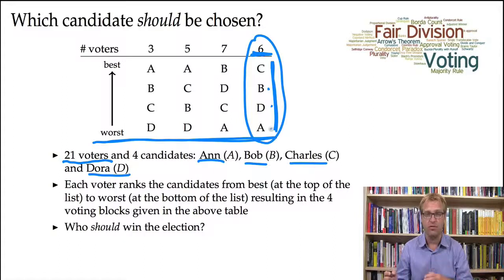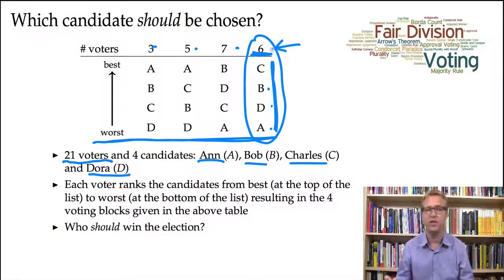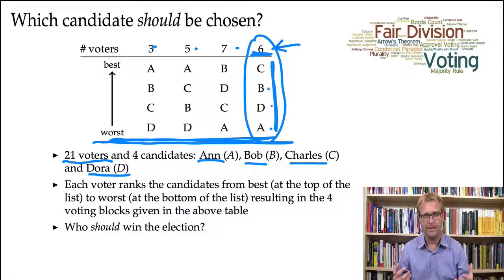So C is the favorite, A is the least favorite. We have all 21 voters represented here: 3 plus 5 plus 7 plus 6 is equal to 21. This is the data, the reflection of everybody's preferences in this small society.